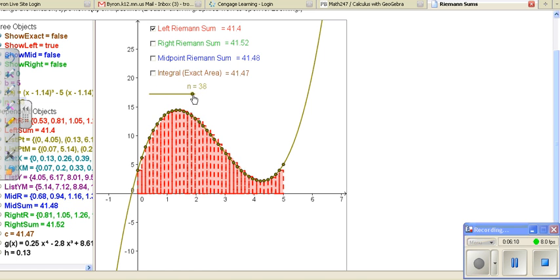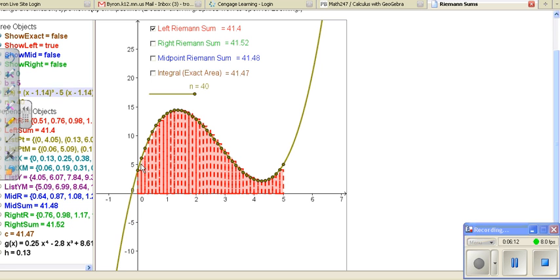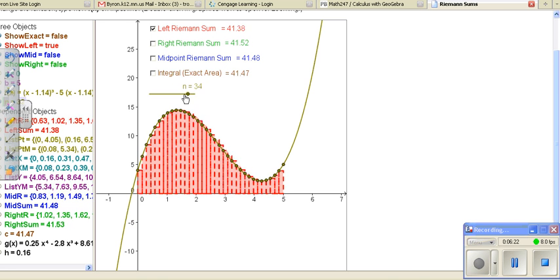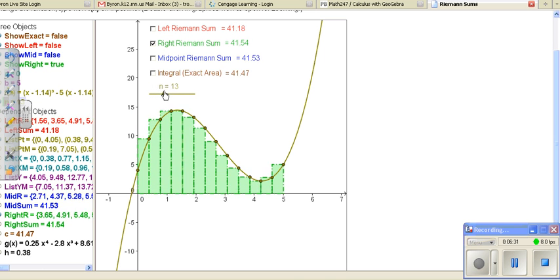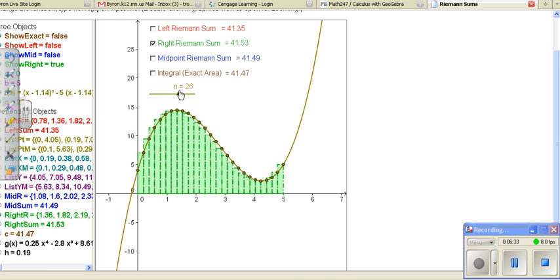You notice the white area underneath your curve is disappearing as the number of rectangles increases, and your left endpoint gets close to the exact value. Well, if we go back here, we could do that also with the right endpoint. And you'll see as the number of rectangles increases, the area becomes more accurate.